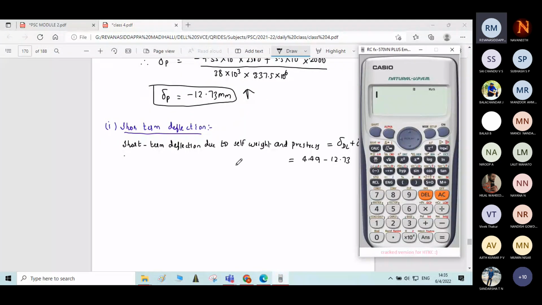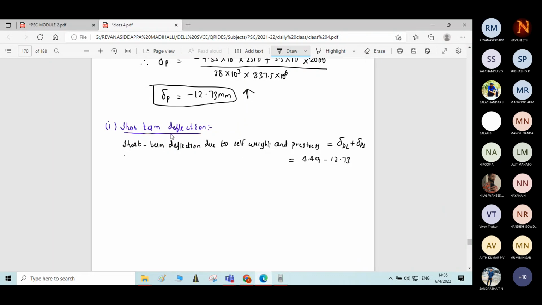It is 4.49 minus 12.73. It is minus 8.24 mm. Minus 8.24 mm. This minus sign indicates the deflection in upward direction.